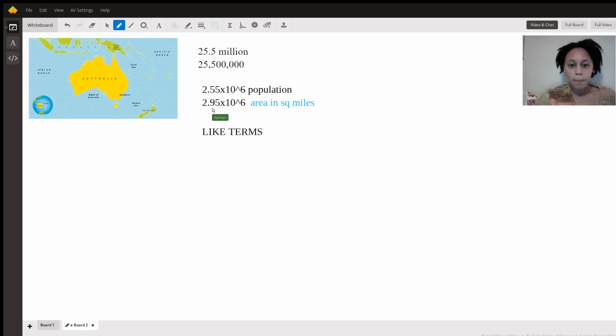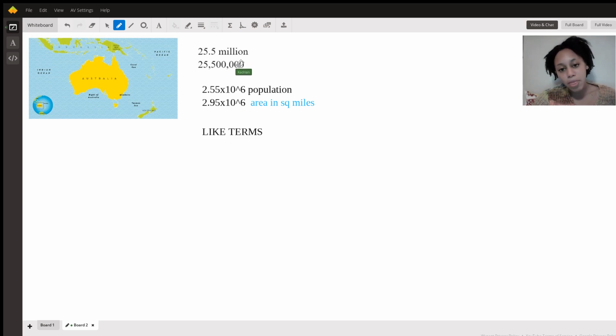So basically what you do, this is how scientific notation works, is the decimal is here at the end of this last zero, all right? And you're just going to move it back. So if I move it back 2 spaces, then I'm going to multiply that number by 10 squared.